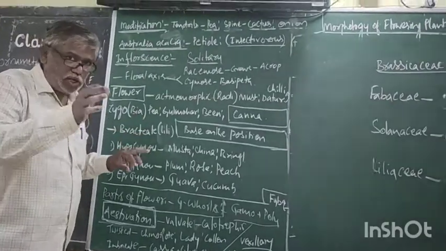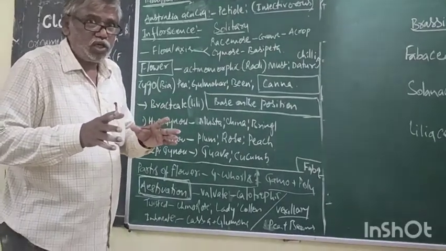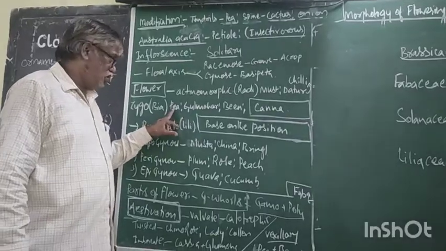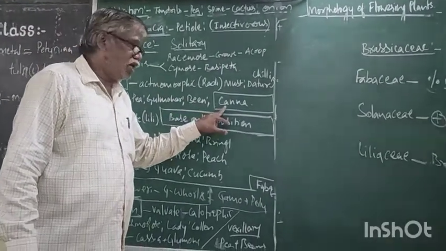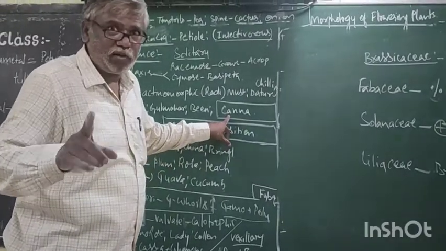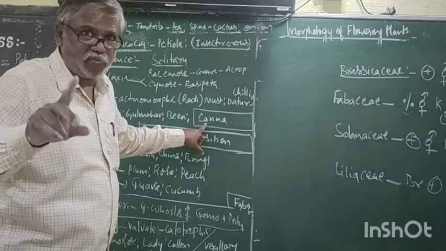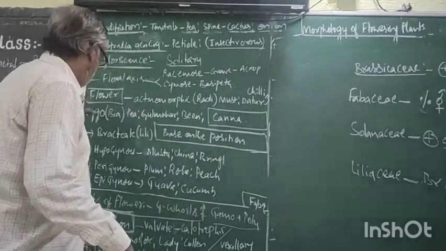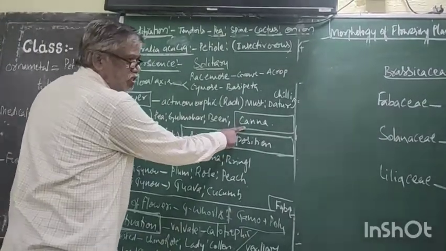At a particular angle, the flower gives two equal halves. Examples: flower of pea plant, gulmohar. Now, canna, C-A-N-N-A, most important: it is the only plant whose flower is asymmetrical. Actinomorphic, zygomorphic, asymmetric.